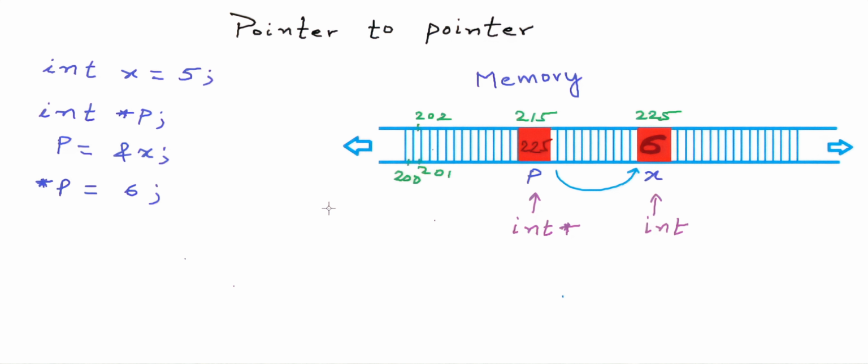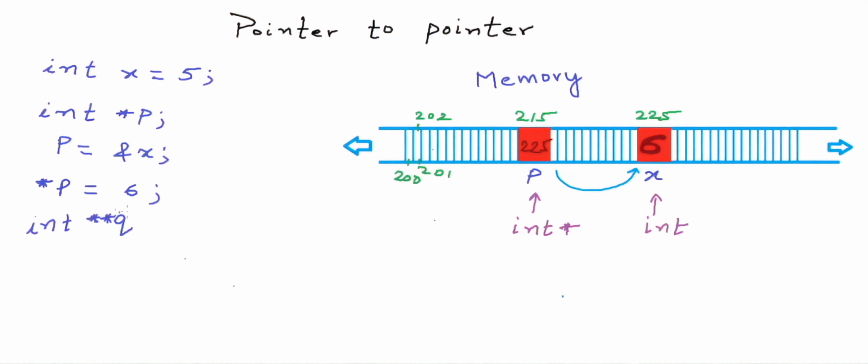Now can I create a pointer to this variable p, which itself is a pointer to integer? Well, yes, we can. Let's say we want to create a variable named q that will store the address of p. What will be the type of this variable? We need a pointer of a particular type to store the address of a particular type of variable. So to store a pointer to integer, we will have to say that we want a pointer to pointer.